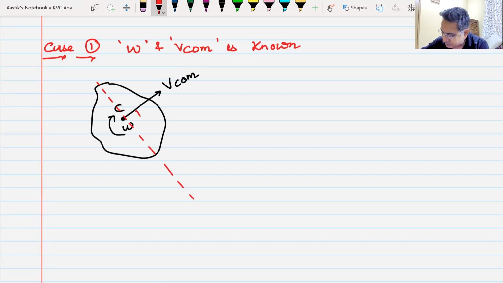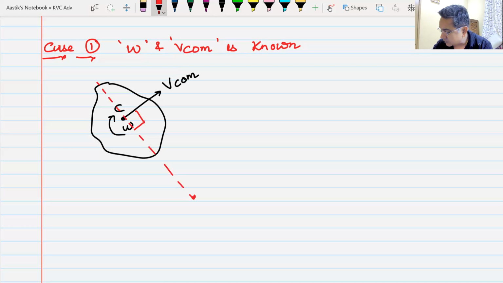You will draw a perpendicular like this. Remember, this body is going to be taken as a body in pure rotation, so you must be able to get the velocity of the center of mass from the center of rotation.